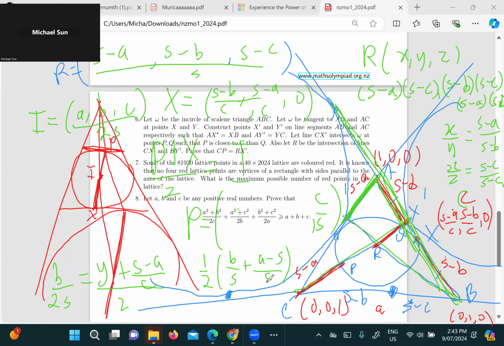Okay, B over S. Wait, are you sure there's a half? Sure. Wait. I am. You mean on this side here? No, I don't know, around the thing. Oh, I'm just taking out the common 2 here.